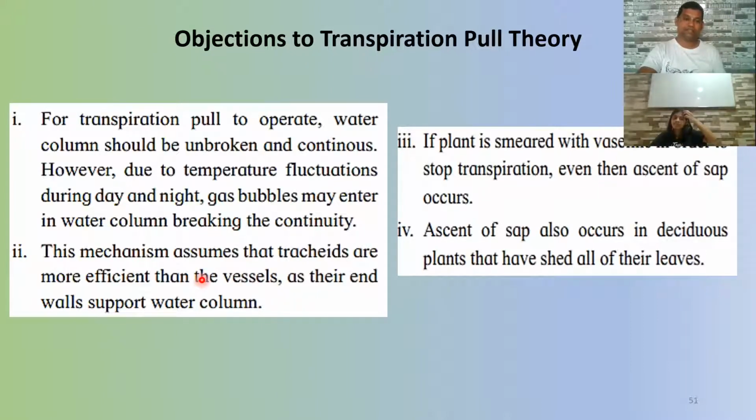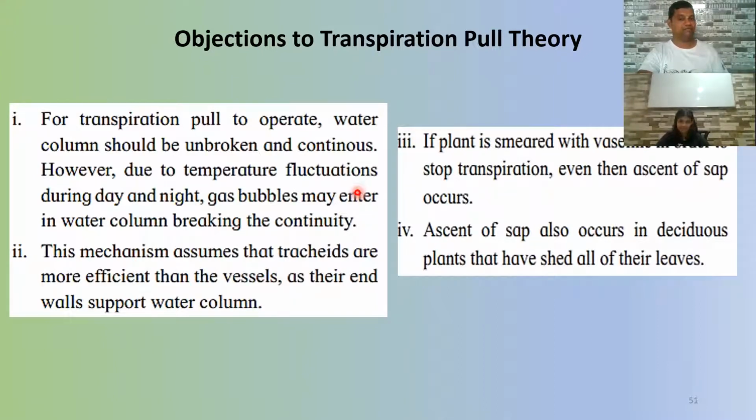This mechanism is much more efficient in tracheids than vessels, because tracheids are tapering while vessels have open ends.